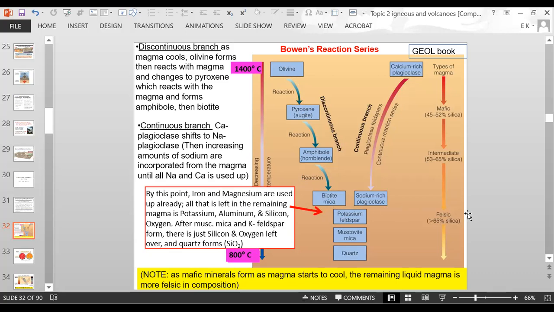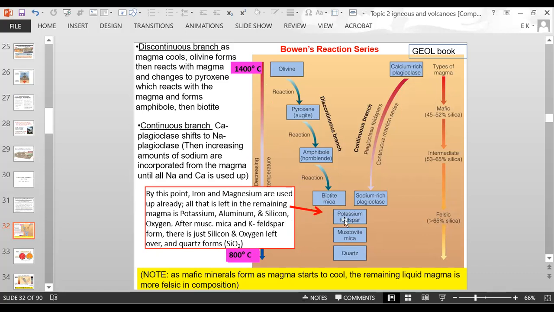That's why when you look on the right, it says felsic magma. It's felsic because at this point, all the solid crystals have taken up the mafic components, and you're only left with the silicon, the oxygen, the potassium, and aluminum, which is basically what a felsic magma is composed of.